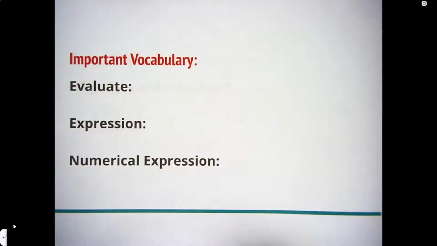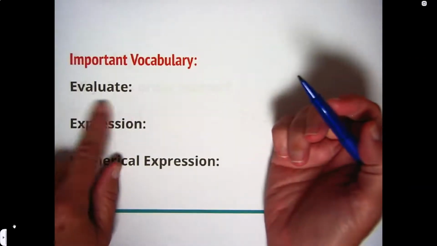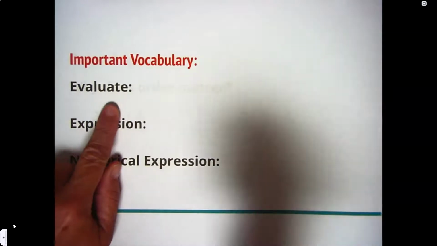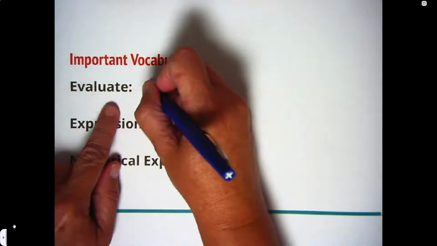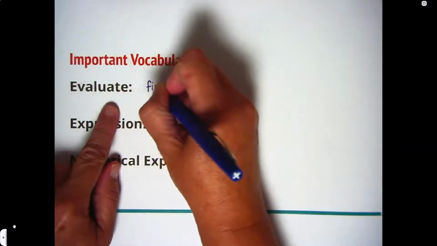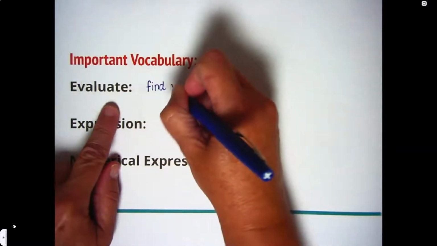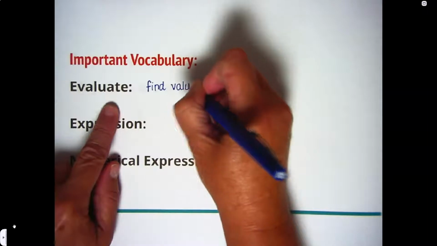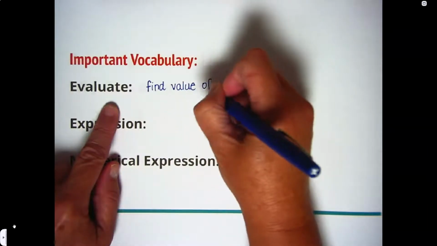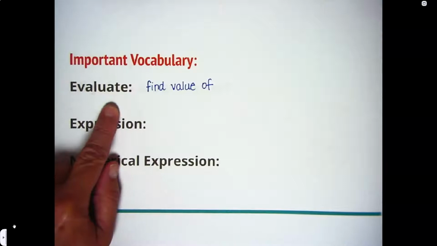That tells us what we're going to be doing. When you hear evaluate, you can hear the word value in there. So when we evaluate, what we are doing is we are finding the value of the expression. So when it says to evaluate, that means to find the value of.